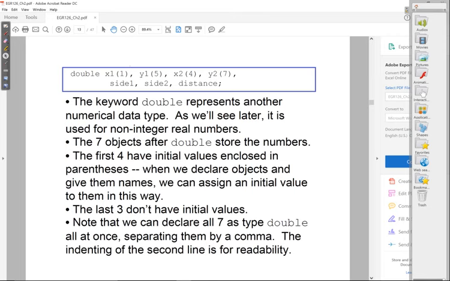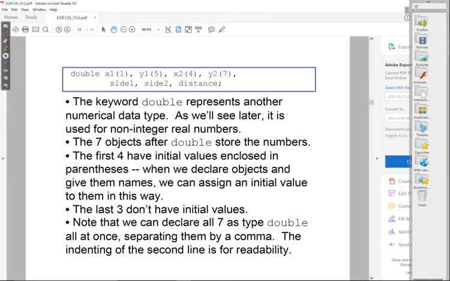When it comes to storing numbers, if you remember last time when we were talking about number conversions, your computer deals with both whole numbers and numbers that have a fractional part. Whole numbers are what we refer to as integers.